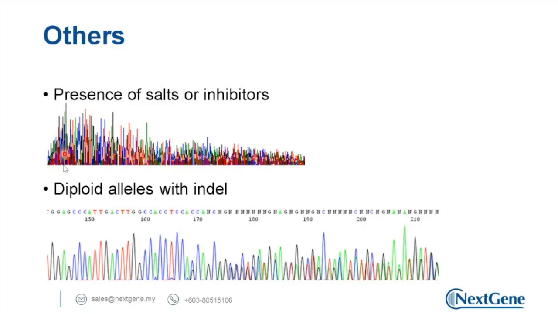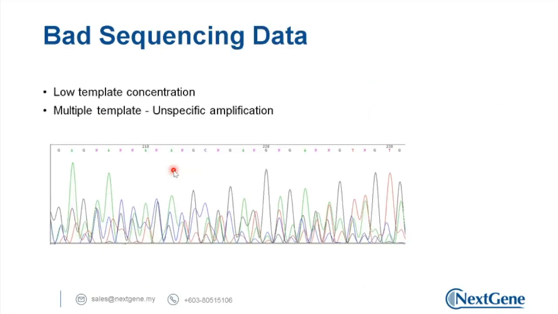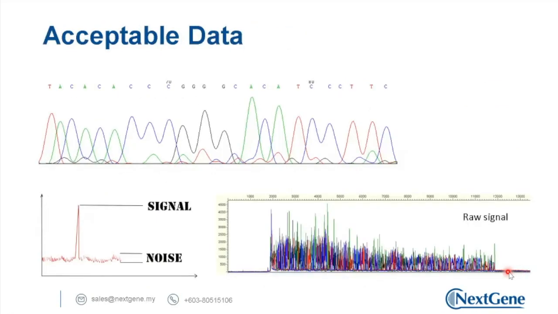We see the peak signal is high, but then after around 20, it drops all the way down to the background. You see something like this, high around 20, then suddenly after this one, the signal becomes flat like this. So this is what we call a failed sequencing event because there is nothing there.